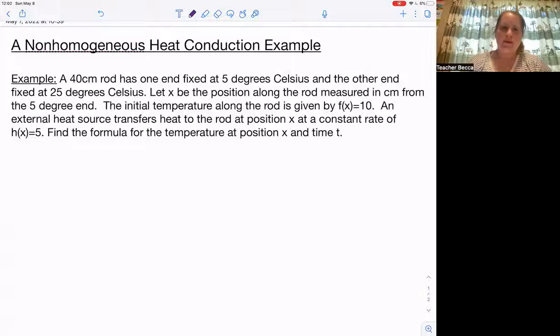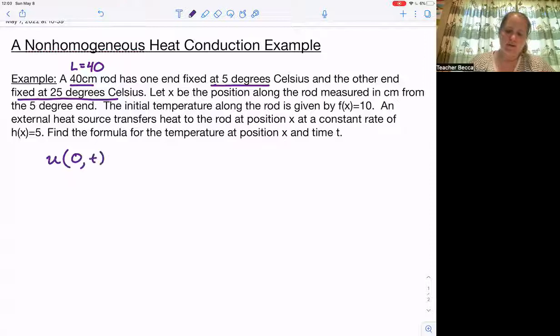So in this case, our L is 40. One end is fixed at 5 degrees, the other end fixed at 25 degrees. We have U of 0, t is equal to 5, and U of L, t, or U of 40, t, is equal to 25.